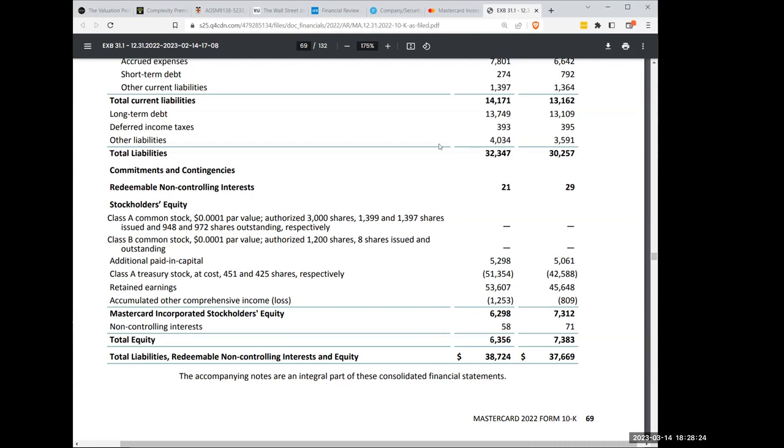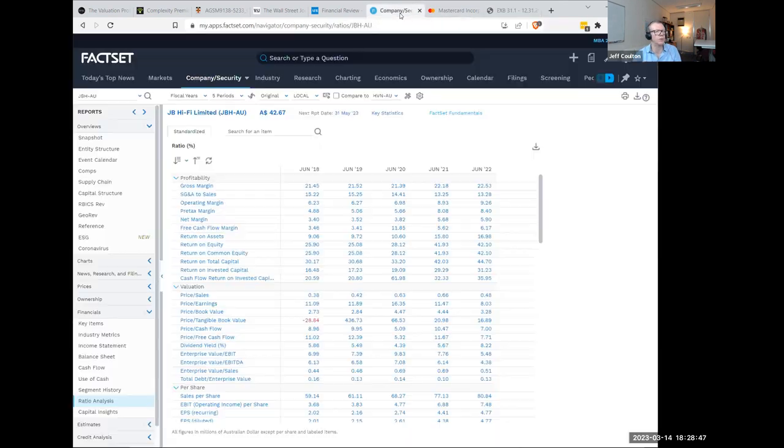Sorry, I didn't realize we still had that up there. So on the one hand, we've got return on equity. If we're trying to work out the level of income relative to what the shareholders had, that's what it is. But you're quite right in suggesting other metrics are going to be better to get a sense of how well the business has performed.